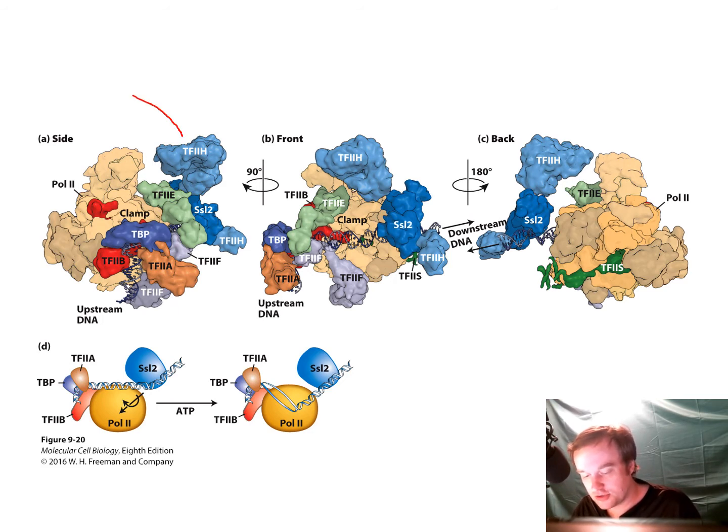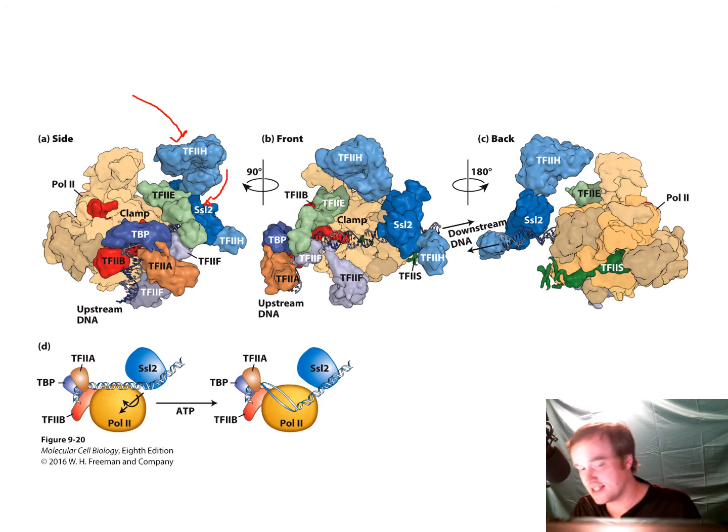And it has some things I want to point out here. This general transcription factor 2H, and associated with it this SSL2 subunit, work together to help open the DNA strands at the start of transcription, because remember, you're only using one of the two strands to transcribe a gene, and the other strand is just the complement.